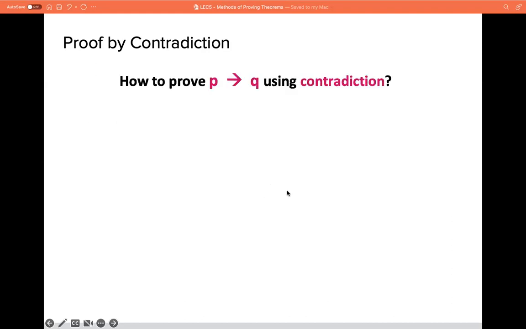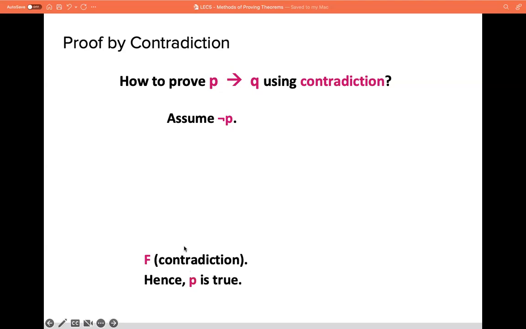Moving on, how can we prove that this conditional P implies Q is valid using contradiction? We first assume not P, and we want to arrive at a contradiction or false. So if not P, then F, a contradiction.